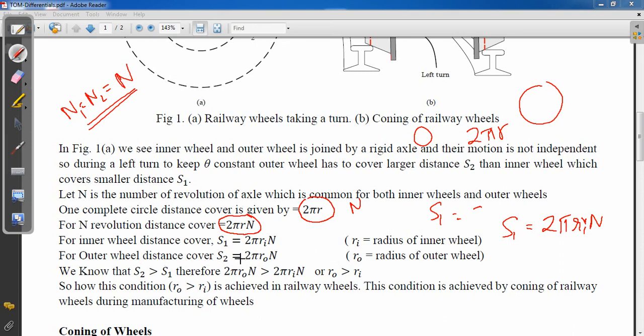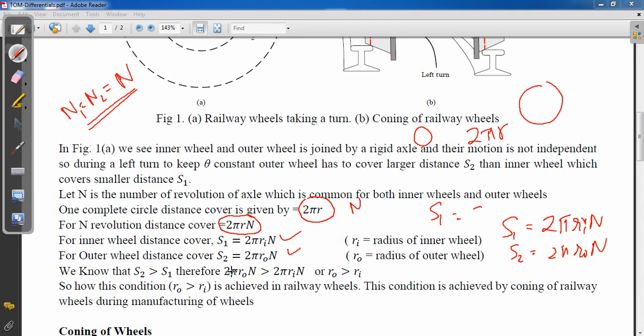For the outer wheel, S2 is 2 pi r_o n. Here r_i is the radius of the inner wheel and r_o is the radius of the outer wheel. These are the distances covered by the inner wheel and outer wheel.